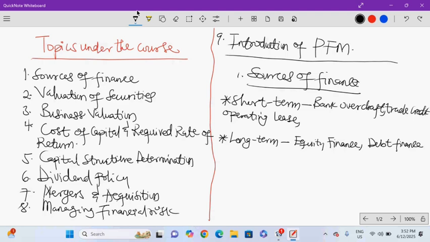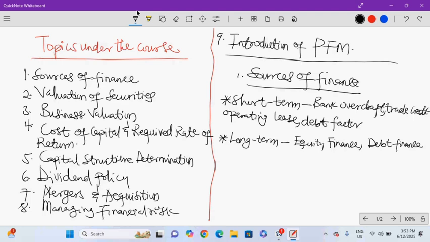So debt factoring is also a form of short-term finance.